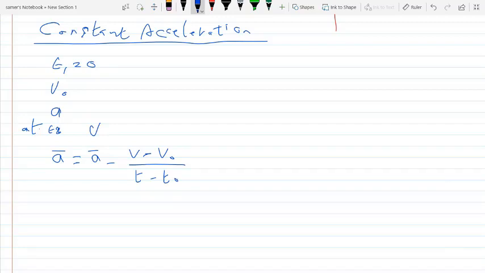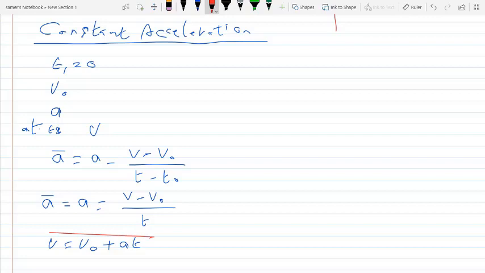And we always suppose that t0 is 0. So a average equals a instantaneous equals v minus v0 over t. Or if we rearrange the terms, we get v equals v0 plus at. This is the first equation of motion in the case of constant acceleration.